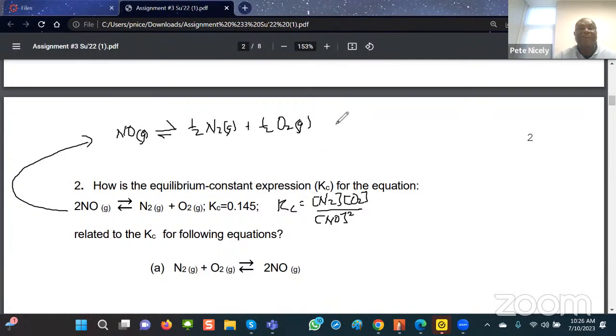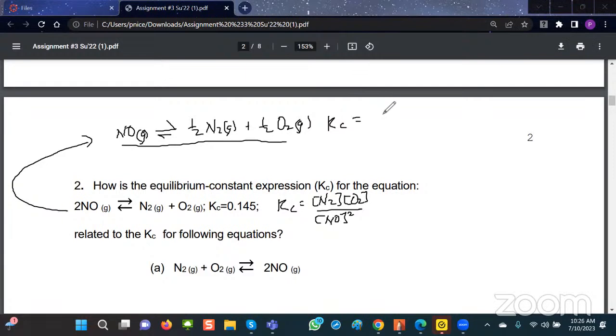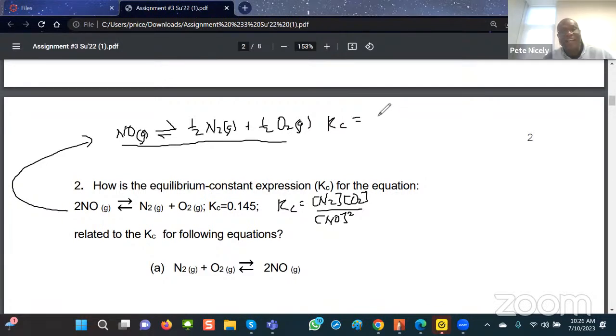So my question to you is, what would be the Kc expression for the equation written in this way? Kc would be equal to what? Anybody? Would it be half of 0.145? No. I'm not asking for that yet. I'm asking for the case, just like we wrote down the Kc expression here for this equation.